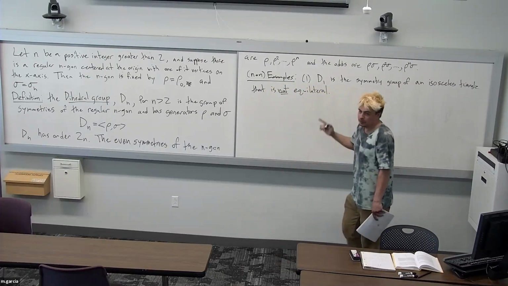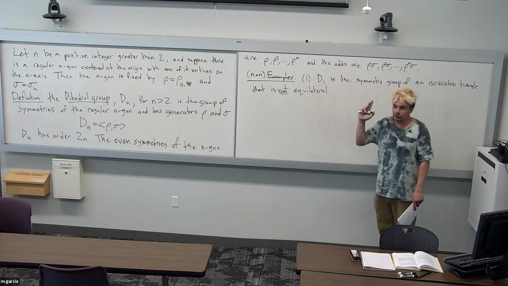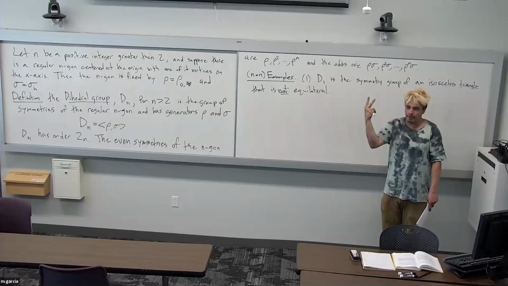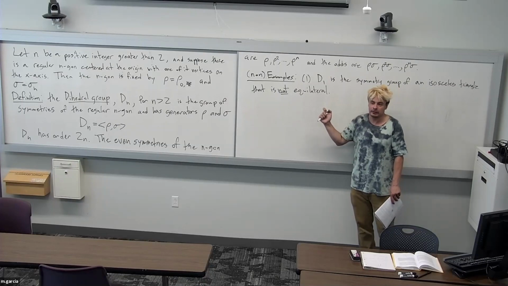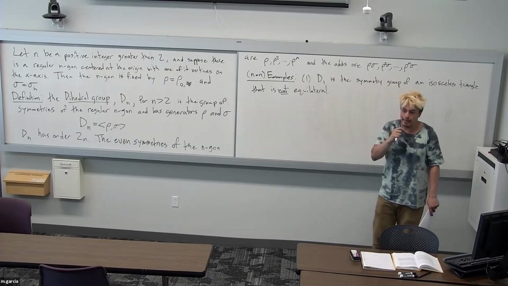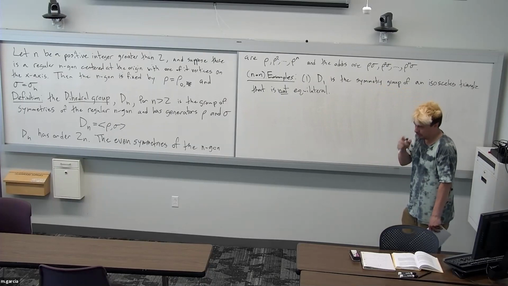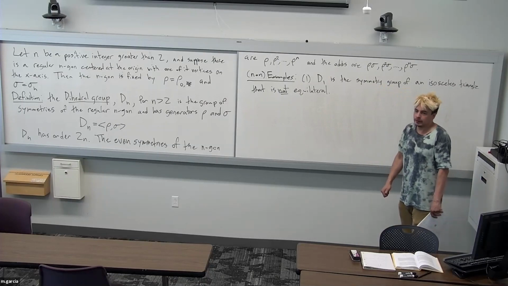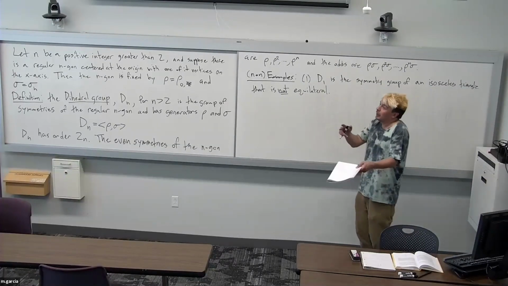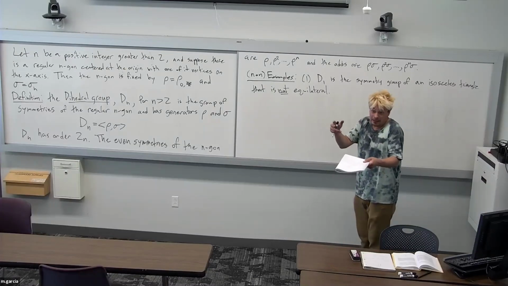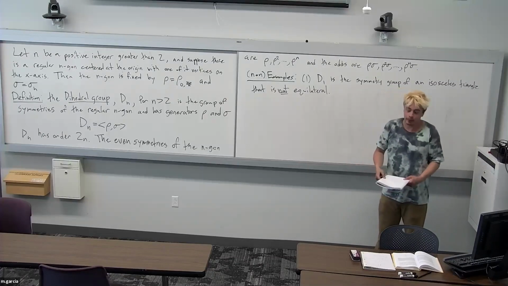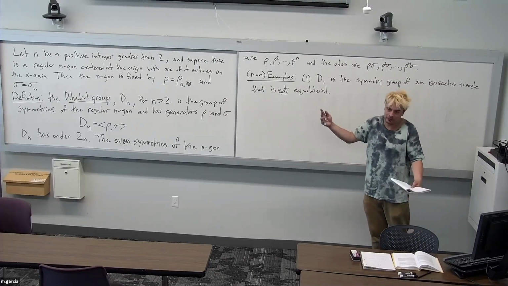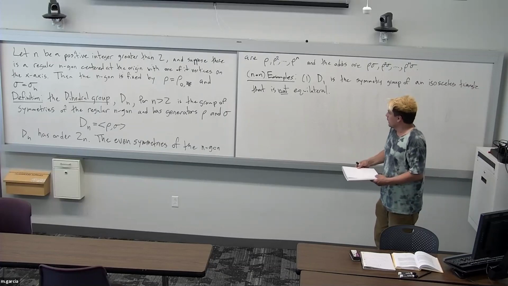D1 has order 2. There's just one reflection that fixes an isosceles triangle which is not equilateral. So in this case, there is no rho, or rho is the identity. It's the identity rotation, or rotation by 360 degrees, which is again the identity.